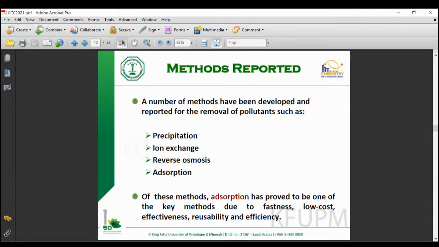We looked at several methods: precipitation, ion exchange, reverse osmosis, adsorption and more. Adsorption was found to be very easy, simple, fast, efficient, and the material is reusable.